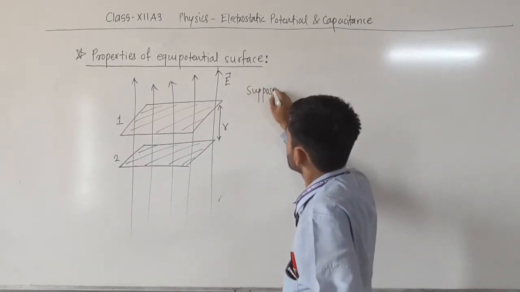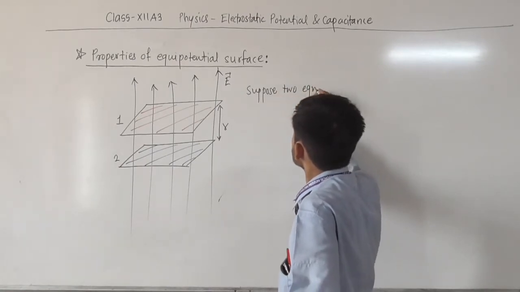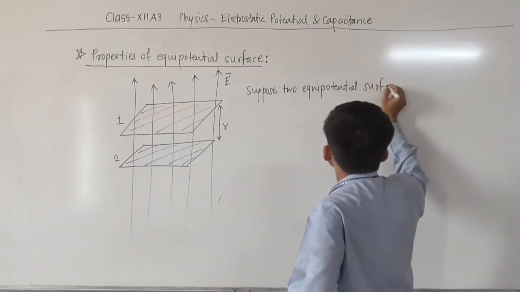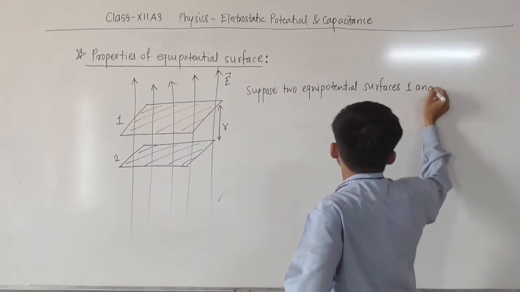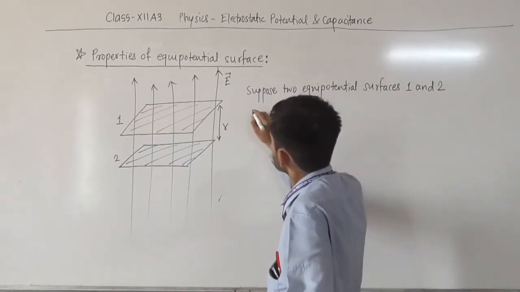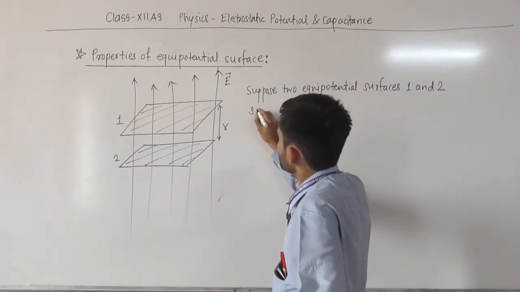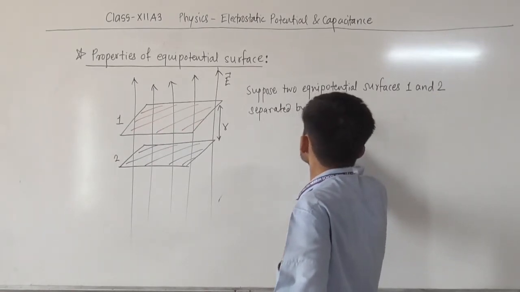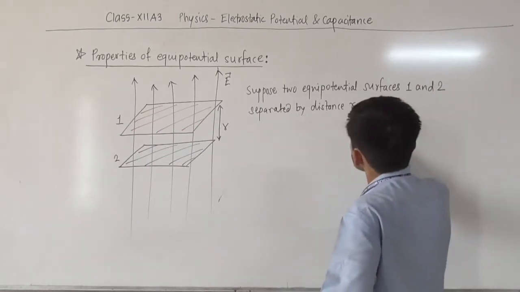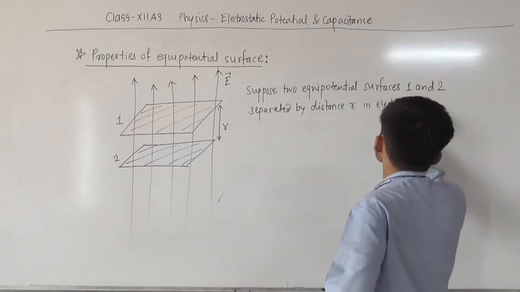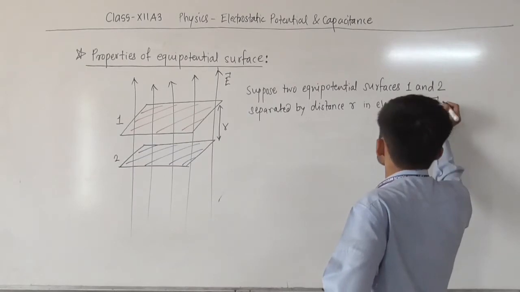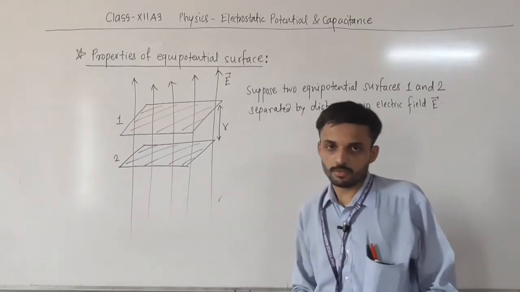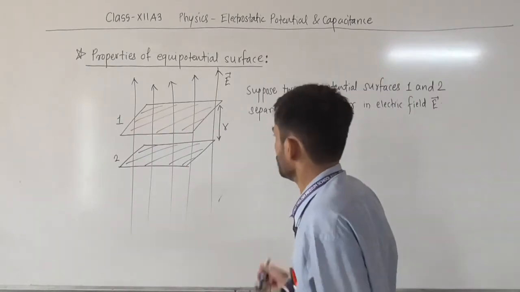Suppose 2 equipotential surfaces 1 and 2 separated by distance R in electric field E. So suppose I am having 2 equipotential surfaces which are separated by distance R in the electric field.